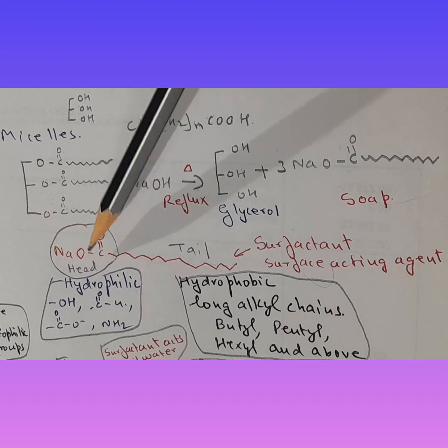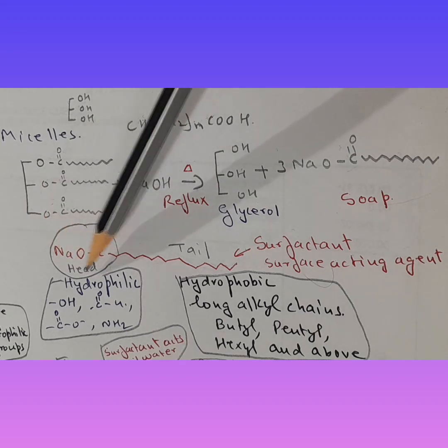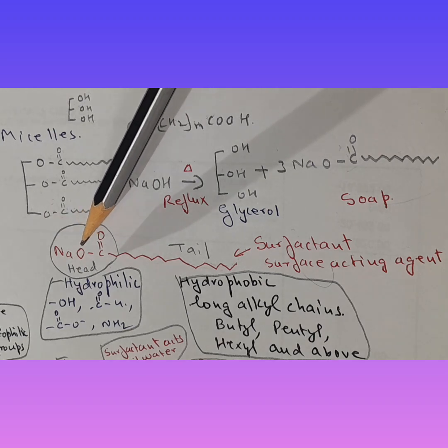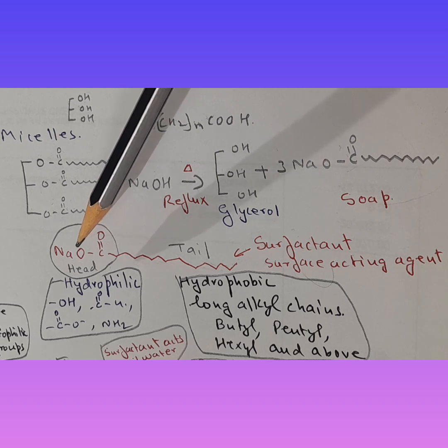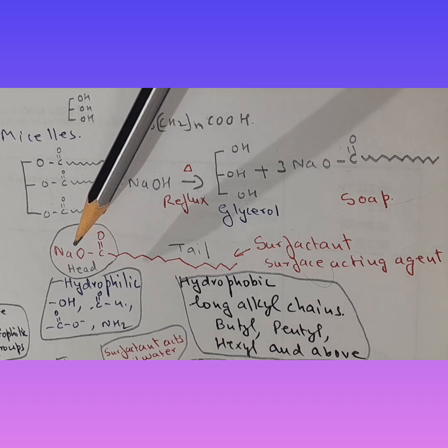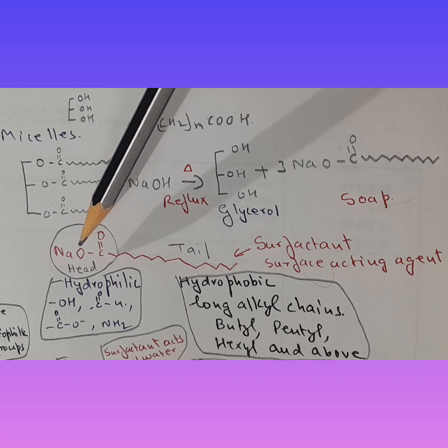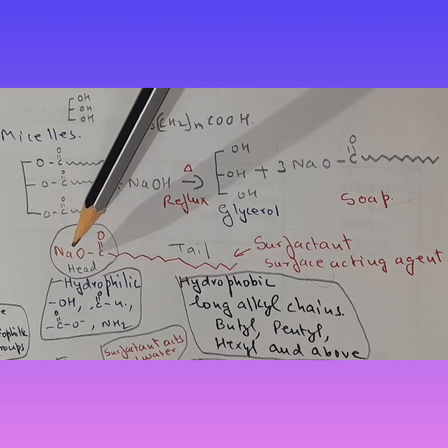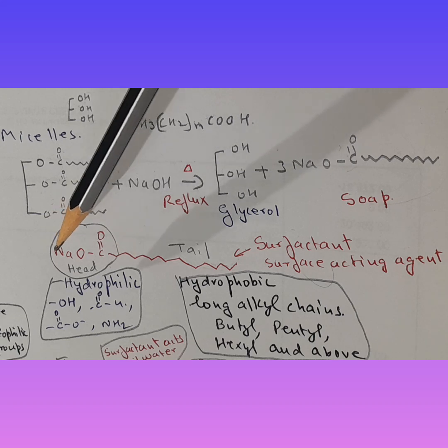Now what about the head part? The more polar it is, the more hydrophilic it is. Water is polar because it has O delta negative, H delta positive. So the more the polarity, the more soluble the molecule would be in water.